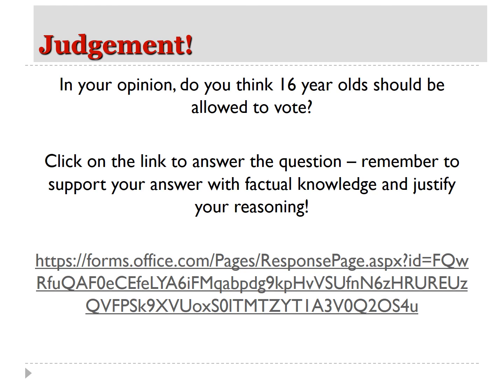If you can then write an answer to that question, remembering to support your answer with some of the knowledge, some of the reading that you have just done, and then think about justifying your reasoning. So you must explain and develop your opinion and your judgment, saying why you think 16-year-olds should or should not be allowed to vote.